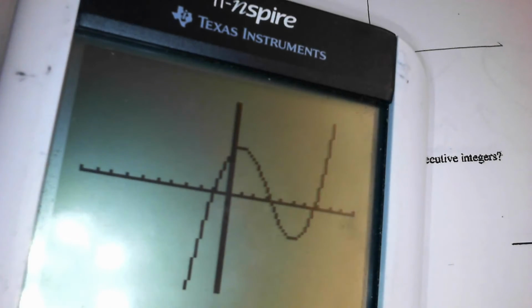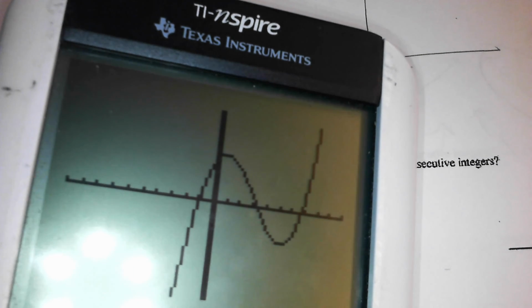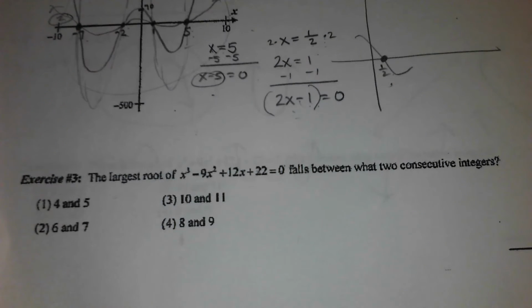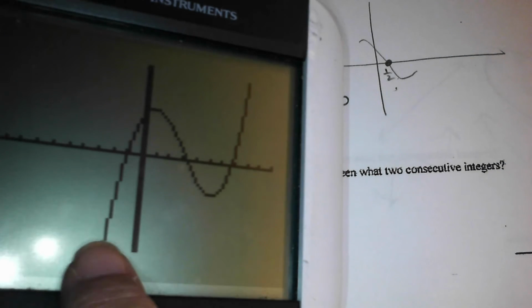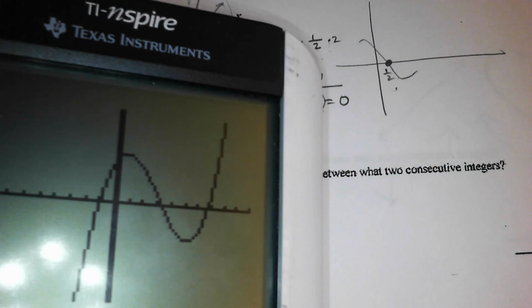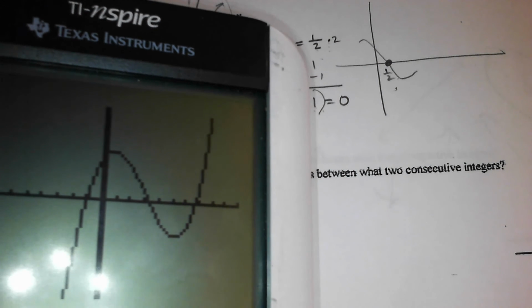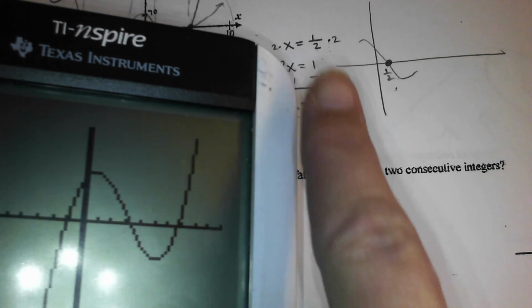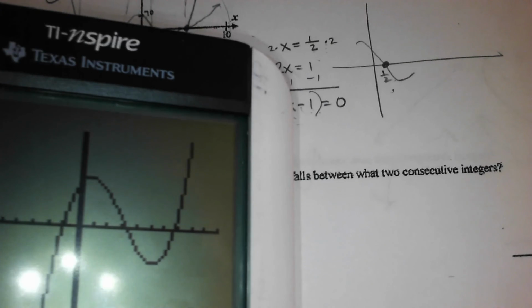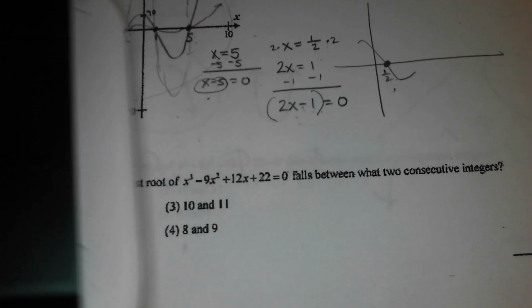But you should, in hindsight, have realized it because the end behavior wasn't appropriate. This one, being positive odd, starting low and ending high is what you should expect. So we can feel pretty confident that this isn't going to turn around again. Do you follow?